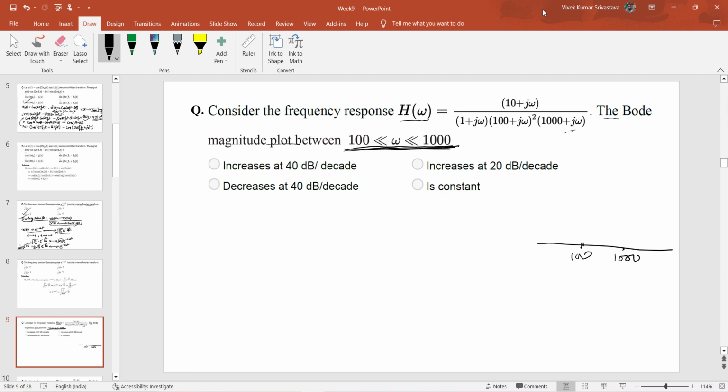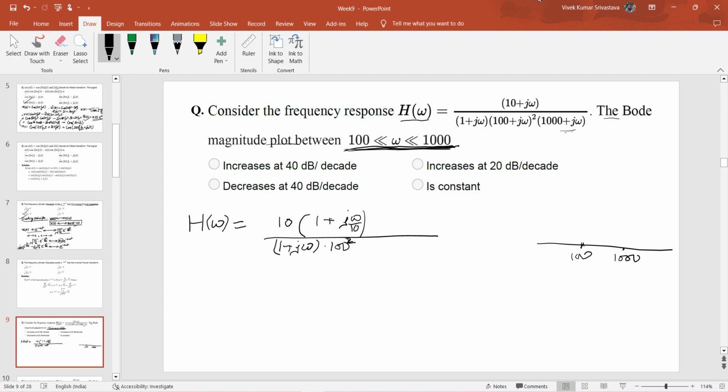For solving this problem, let me write this H(omega) in the standard form. H(omega) equals, taking 10 as common, 1 plus j omega by 10 over 1 plus j omega into, here, 100 square.